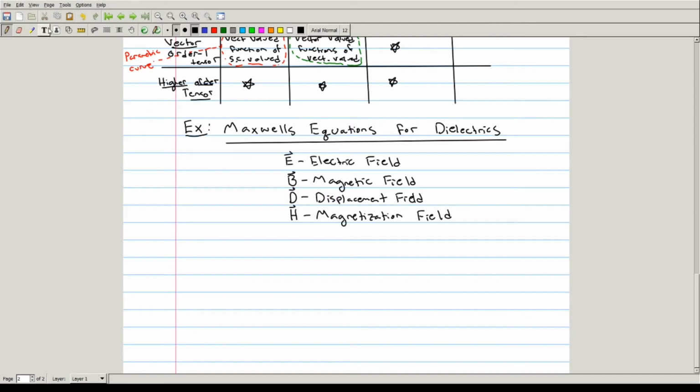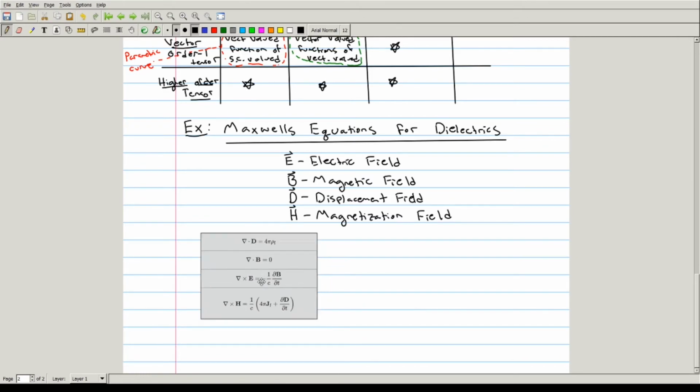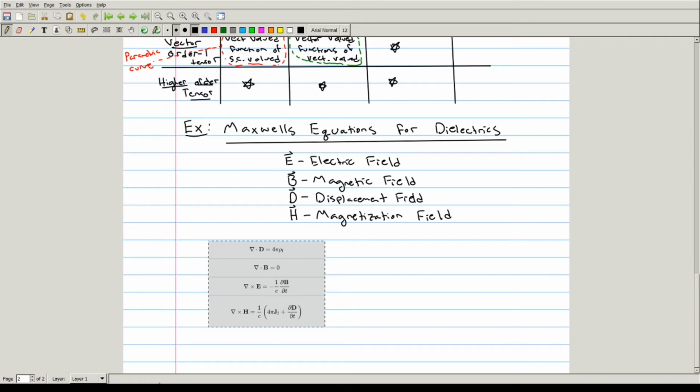dielectric media. Specifically, I'll just show you an image of what each one of Maxwell's equations looks like, and I'll also include the name of each individual equation.